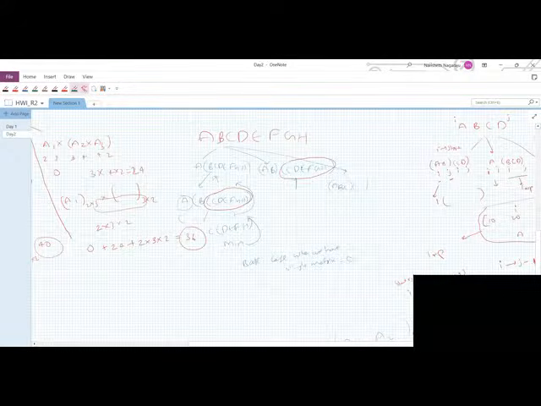So we have overlapping subproblems. This CDEFGH and this CDEFGH are getting calculated multiple times. To avoid this multiple calculation, nothing but to avoid overlapping subproblems, we choose DP.